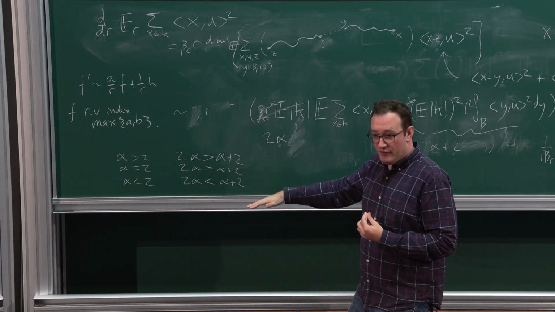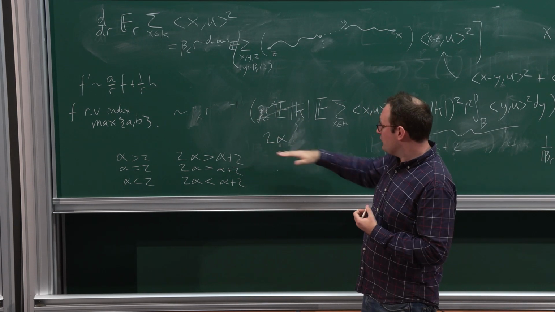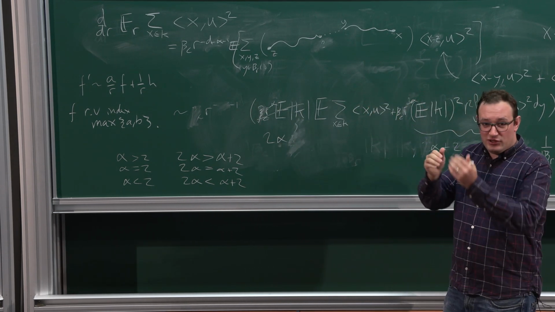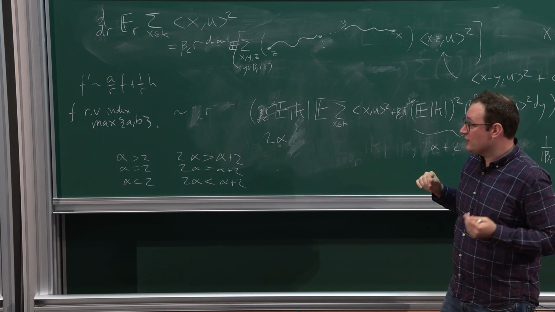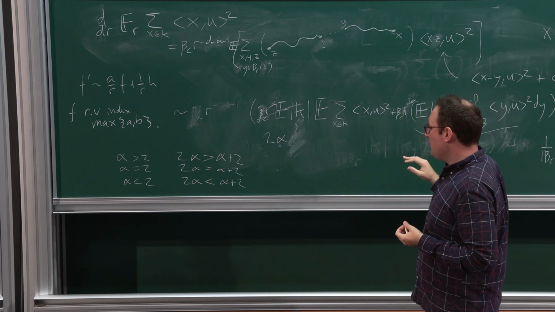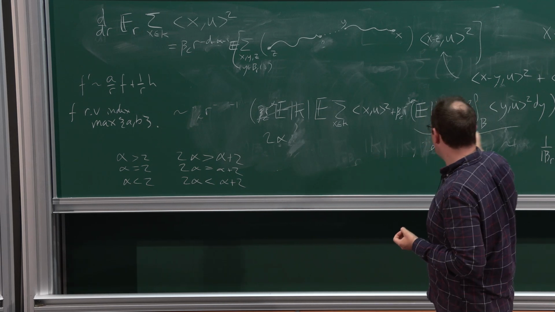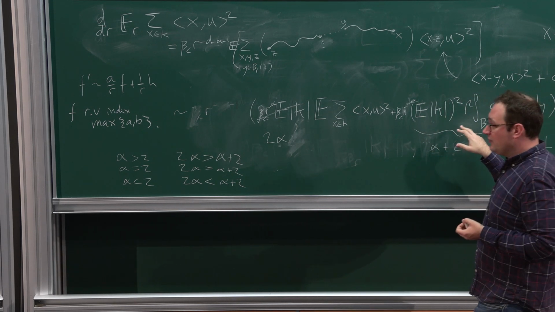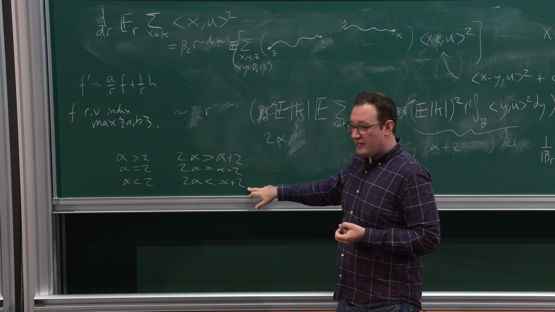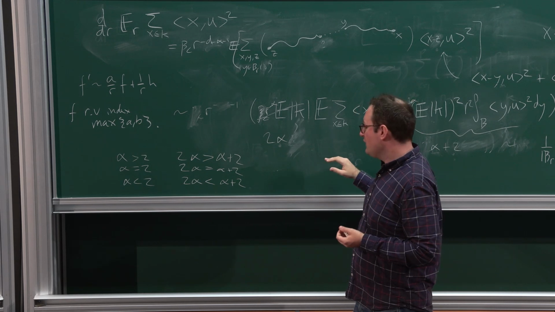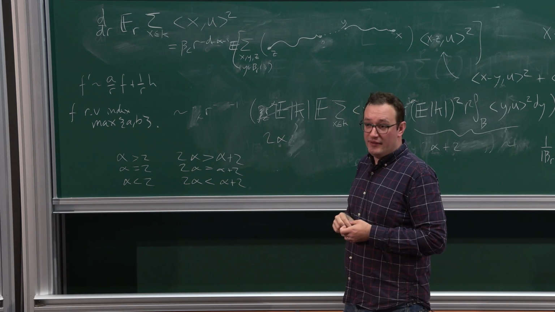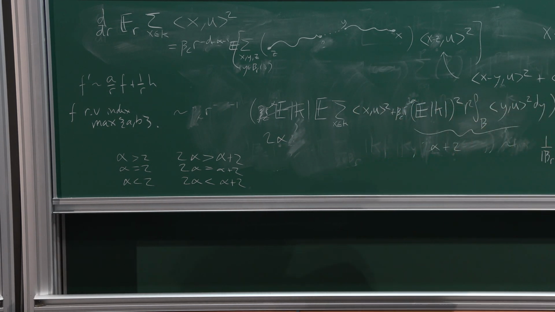So as you cross alpha being equal to 2, you get this change in behavior of what the index of regular variation is, where it swaps from being governed by this term, in which case you get alpha plus 2 in the Levy case, to getting 2 alpha in the Brownian case.